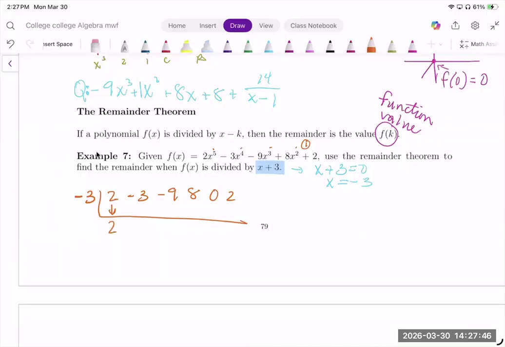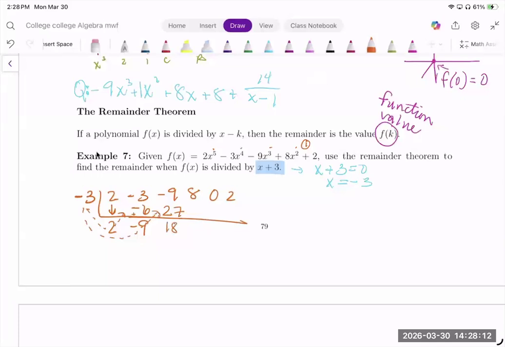Then it's -3 times 2 to get -6. Then we add down. So that is -9. Then -3 times -9 to get what? Positive 27. Positive 27 plus 8 is what?